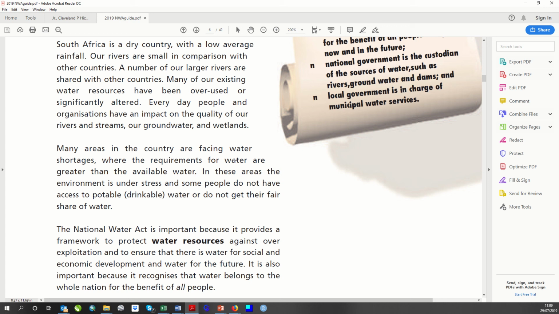Many of our existing water resources have been overused or significantly altered. Every day, people and organizations have an impact on the quality of our rivers and streams, our groundwater, and our wetlands. Okay.